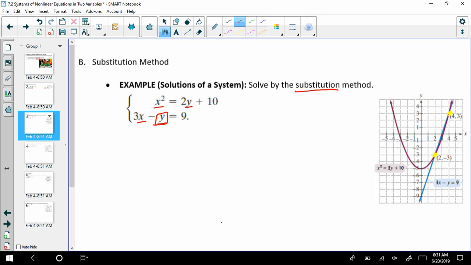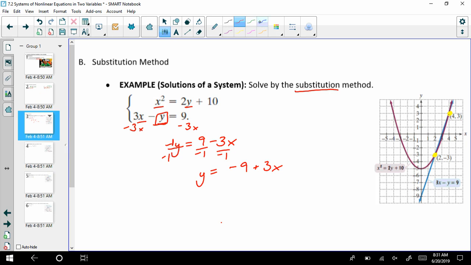So if I want to get that alone, I would subtract 3x. Notice my y is still negative though, so it's like there's a -1 there, so I have to divide everything by a -1. So I get -9 plus 3x.